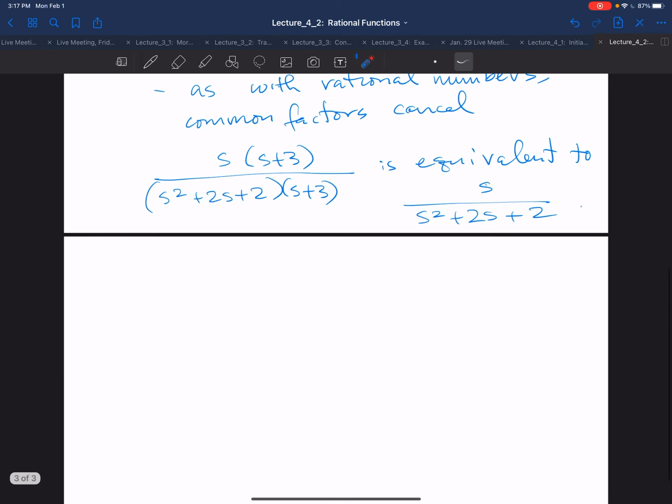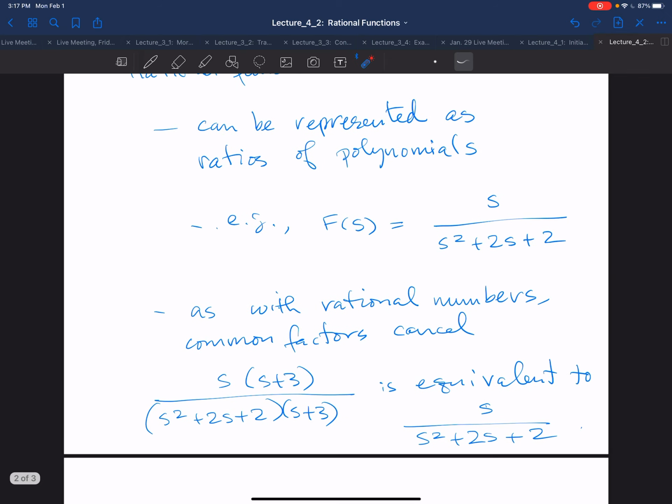And in fact, I don't know when you first were introduced to rational numbers, but you may have been told that what they do is take the integers and extend the integers to the kind of algebraic structure that we call a field. And in the same way, the rational functions extend the polynomials to a field, in particular by ensuring that every element has a multiplicative inverse.